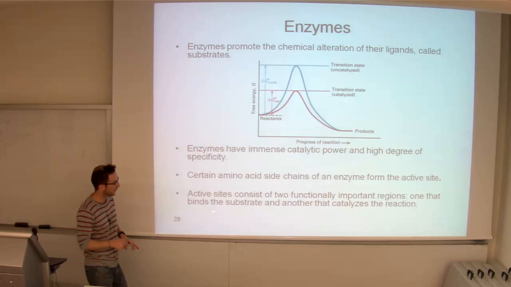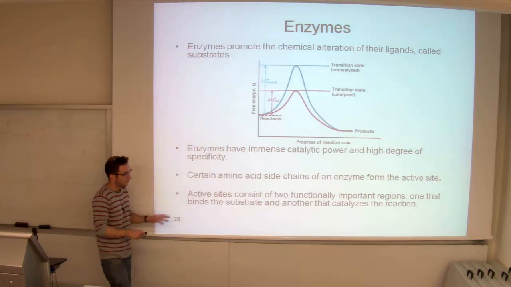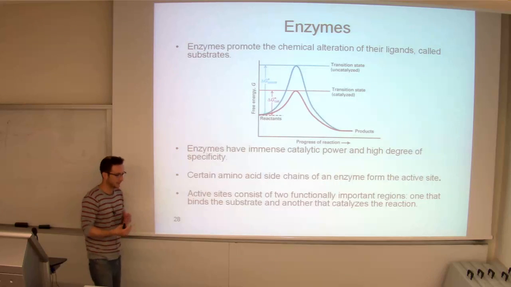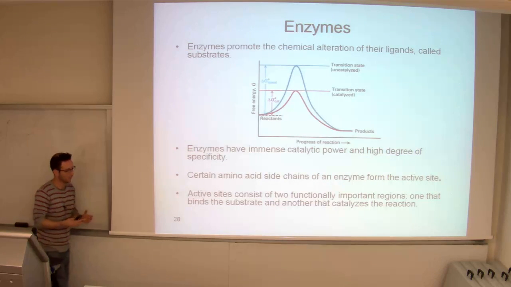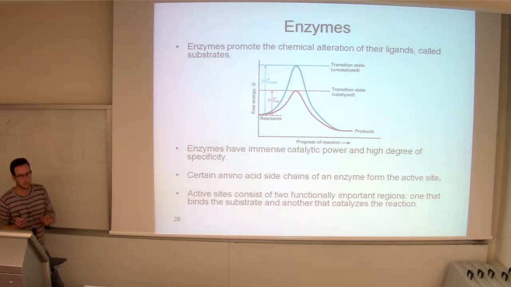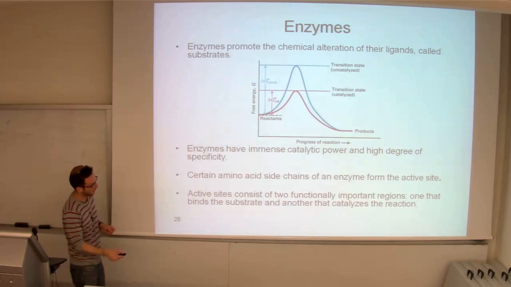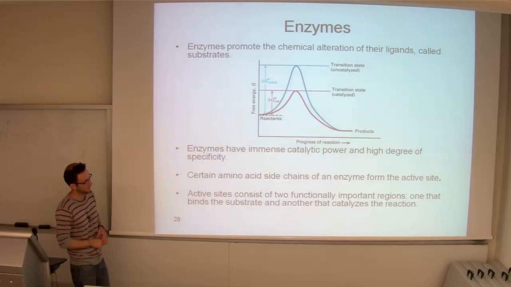First, the binding site, and then the catalytic site. The binding site is obviously where the substrate binds to the protein, and the catalytic site is the site where the ligand is being changed. So again, the active site is composed of the binding site and the catalytic site.